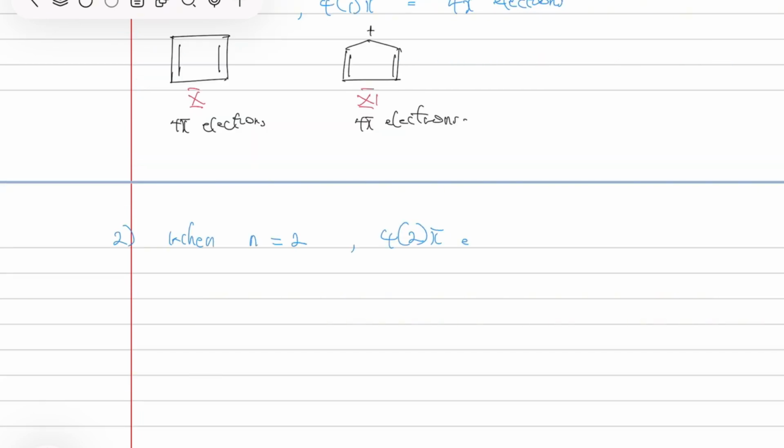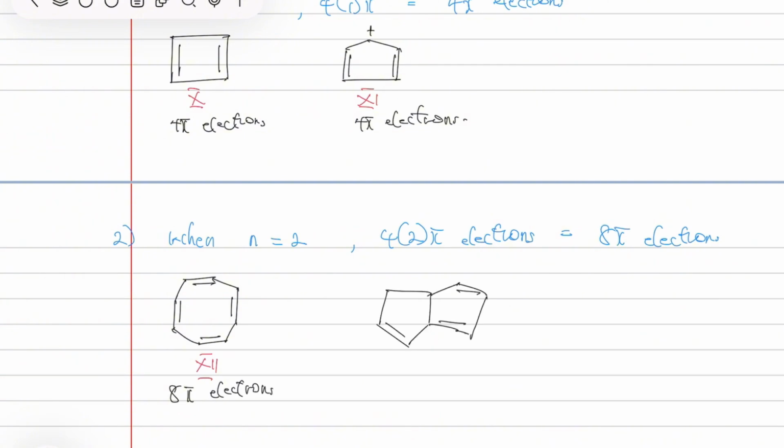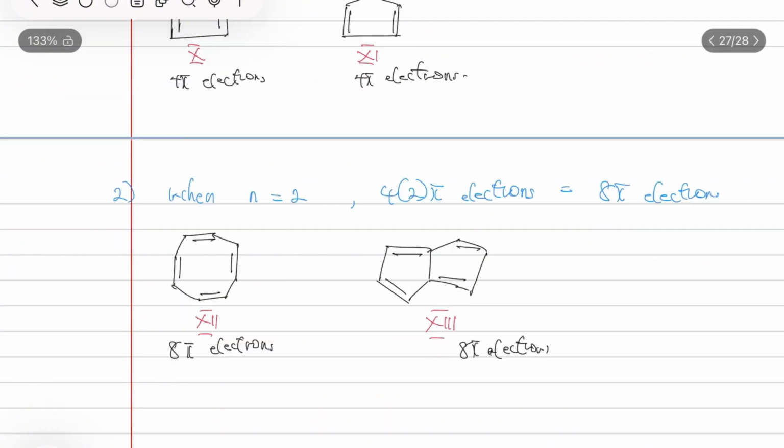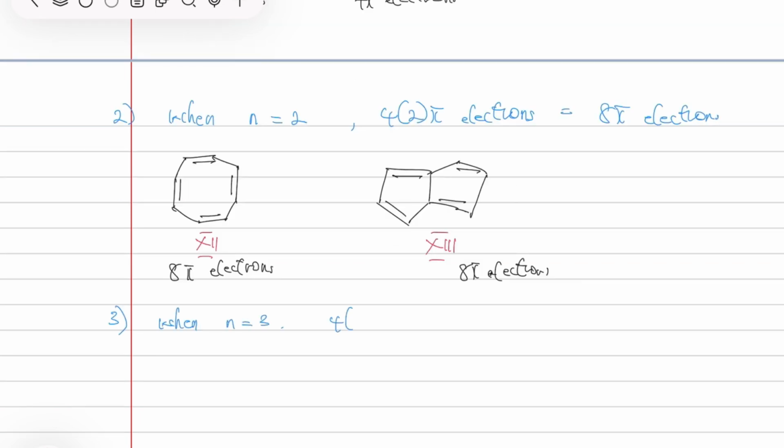When n is equal to 2, we are expected to have 8 pi electrons. Examples can be seen in compounds 12 and 13. Compounds 12 and 13 have a total of 8 pi electrons, and the 8 pi electrons are in conjugation with one another. As usual, when n is equal to 3, we have 12 pi electrons.